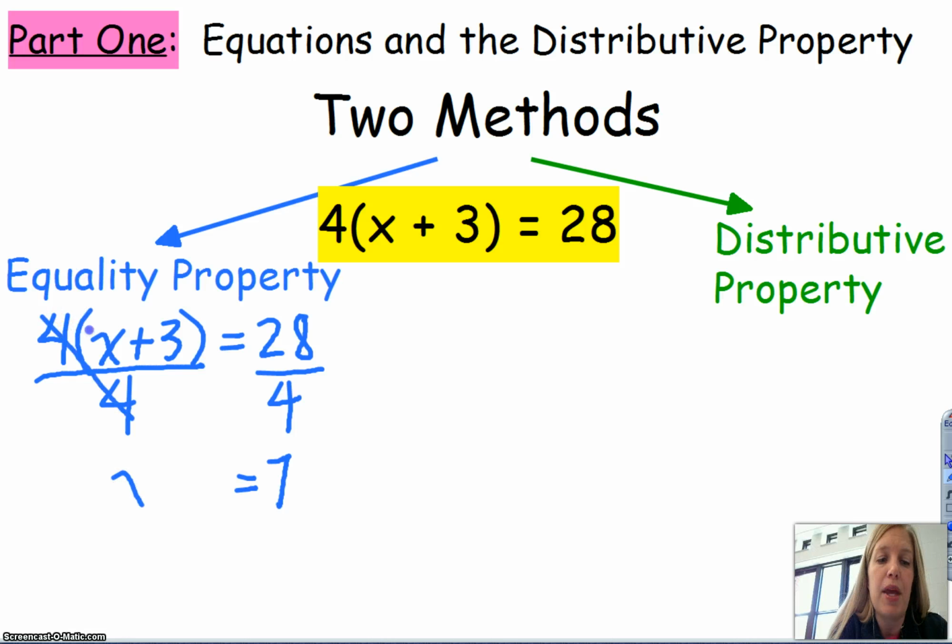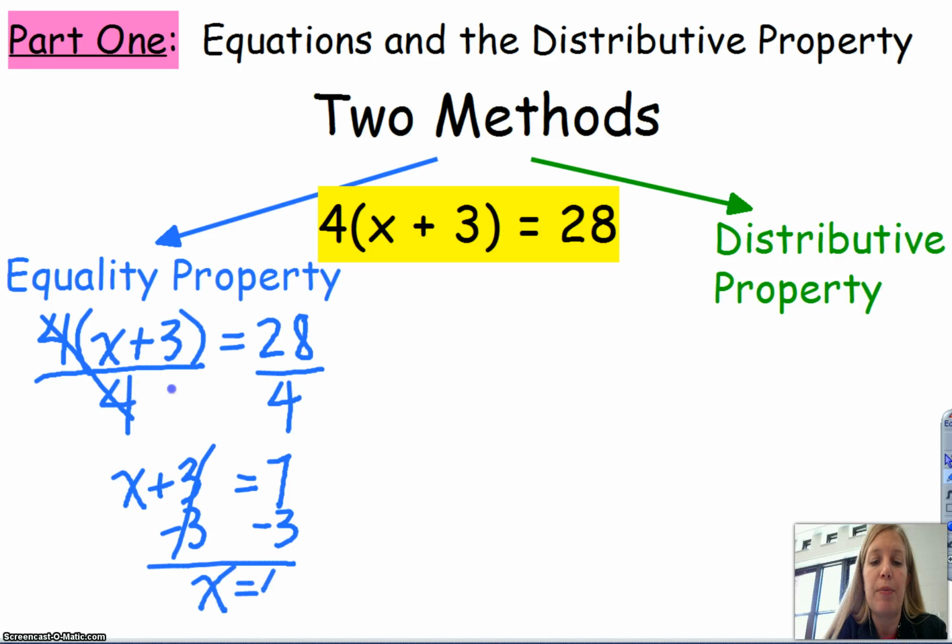Those 2 cancel out. You're left with x plus 3. So now we're down to a one-step equation. You're just going to subtract 3 from both sides, and you get x equals 4. So this is one way to solve it. If you see that 4 is being multiplied to everything inside, you can divide by 4 across the whole equation.